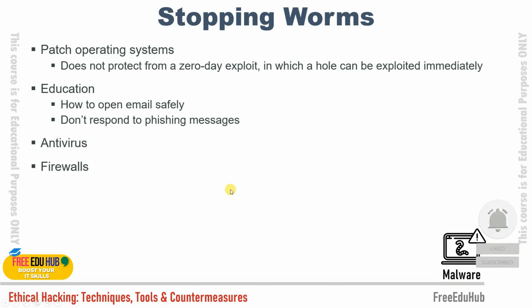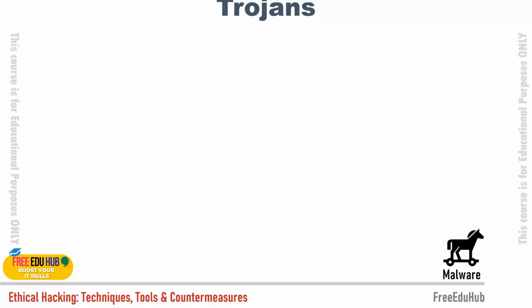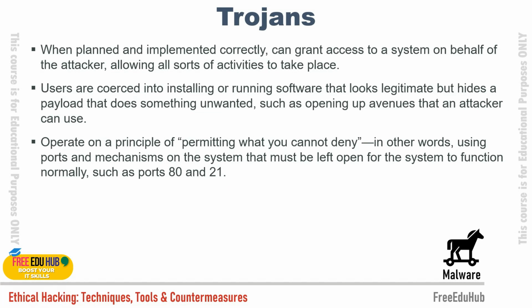Now, that brings us to another category that we call Trojans. When planned and implemented correctly, they can grant access to the system on behalf of the attacker, allowing all sorts of activities to take place. By deploying a Trojan, it opens certain ports on the computer, which would allow the person who is remotely sitting, who has planted that Trojan on the computer, to take over the resources of the computer, to access the computer remotely and run different operations on it.